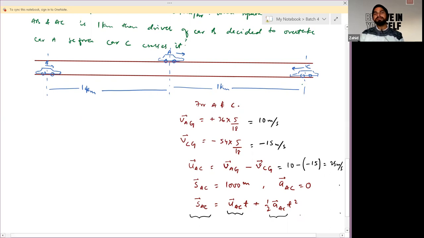Akash, just check your calculation. Minashi, since car C is going along opposite of A, so velocity of it will be negative. So minus and minus will become plus. So relative velocity between A and C will be 25 meter per second. Good, Mazia.